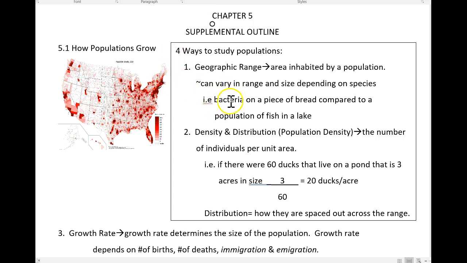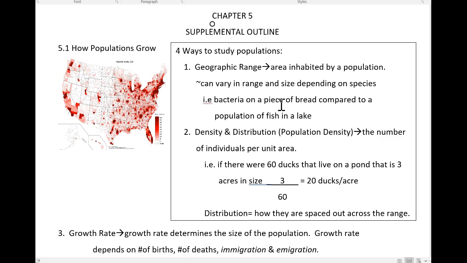So if we were looking at that bacteria, and let's say our piece of bread was 1 inch by 1 inch, then we're going to calculate how many individuals are living within that unit area, that inch. Where if we're looking at a lake where fish live, and maybe that lake is 11 miles long, then that is going to be our unit area, 11 miles, rather than that inch by inch.